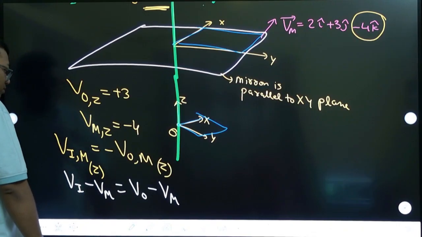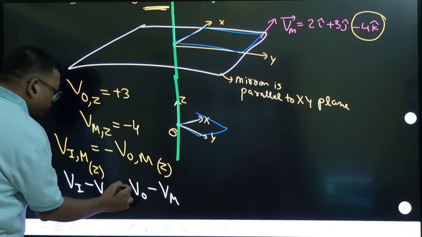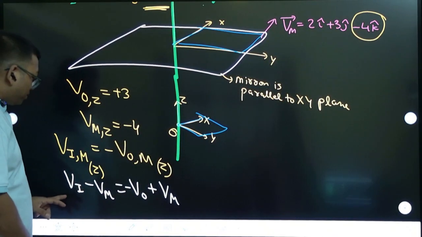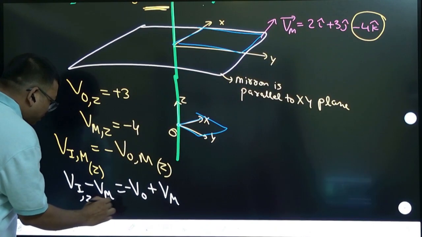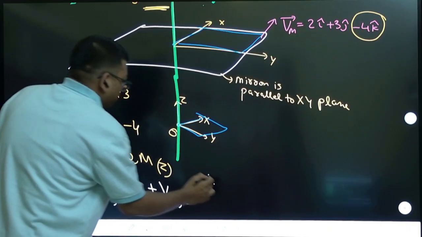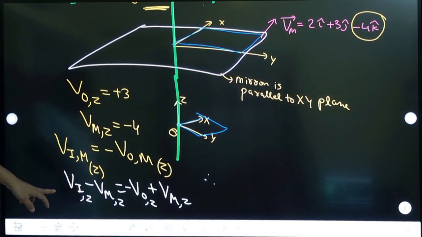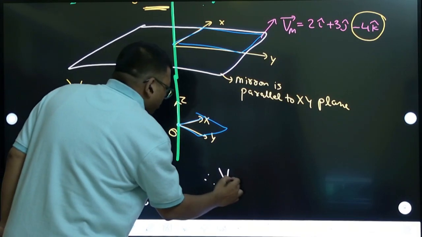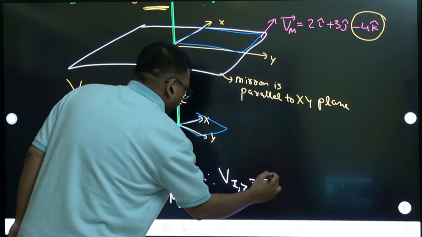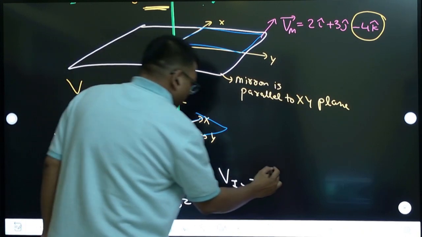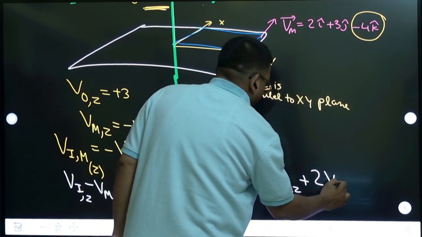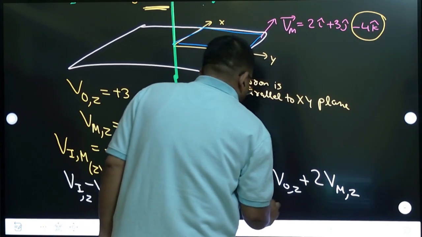But there is a minus sign here, so minus minus will become plus. So the velocity of the image along z becomes minus the velocity of the object plus 2 times the velocity of the mirror along z.